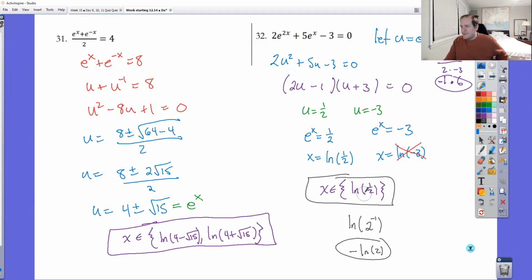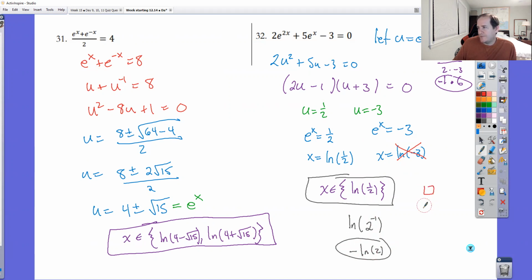And I mentioned that because I think I warned everybody. I don't remember if I warned all 3 classes. I hope I did. But on the quiz, I do intend to maybe have some questions like this, where I'll present you with multiple answers and I'll say, pick all that are equivalent. And so you better recognize that the ln of 1/2 and the opposite of the ln of 2 are the same.